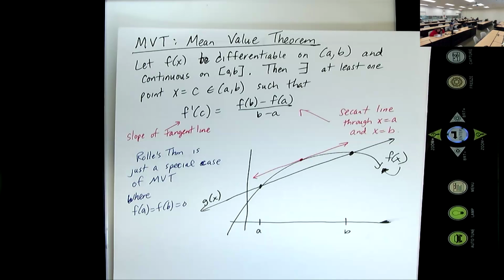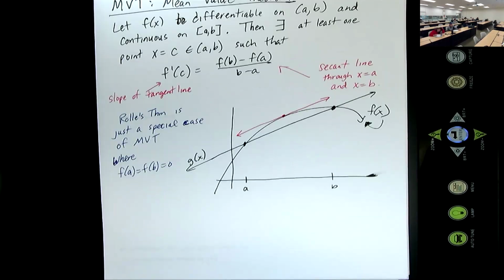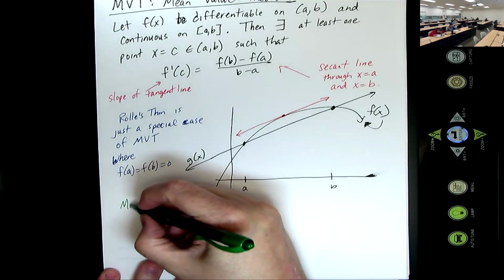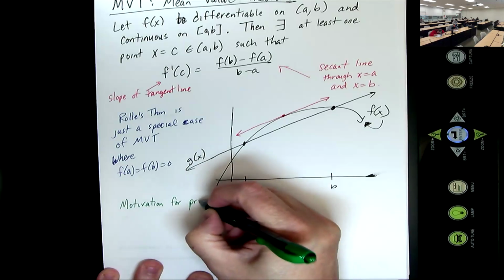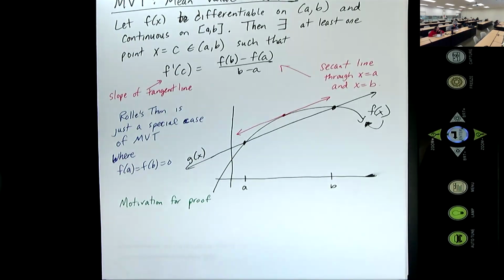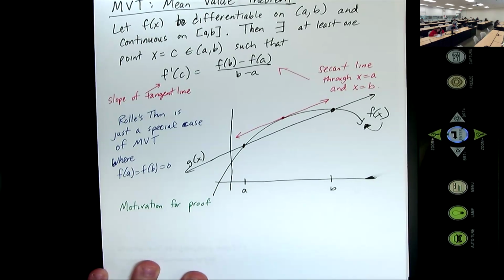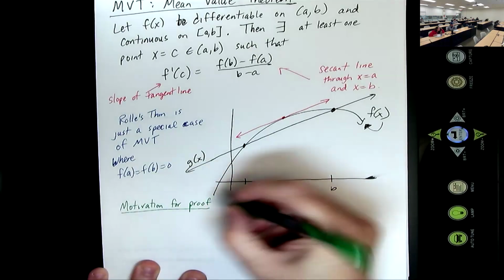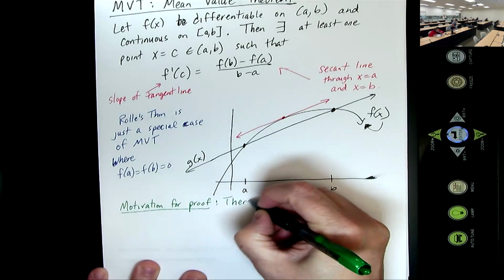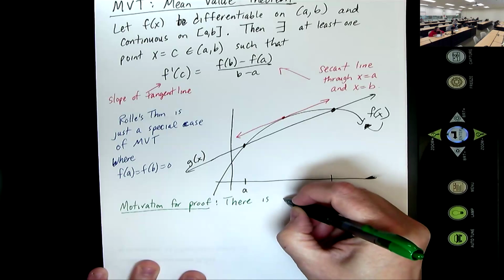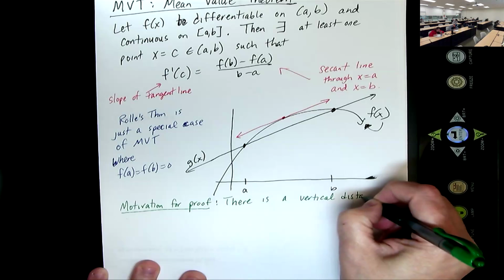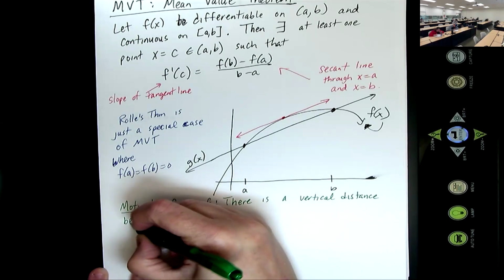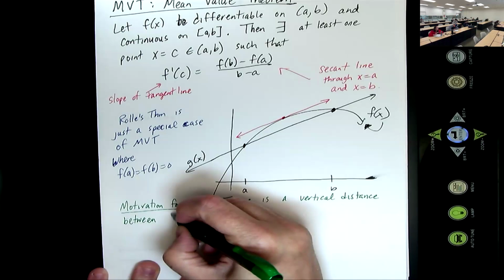So let's talk about the motivation for this proof. There is a vertical height difference between f of x and g of x.